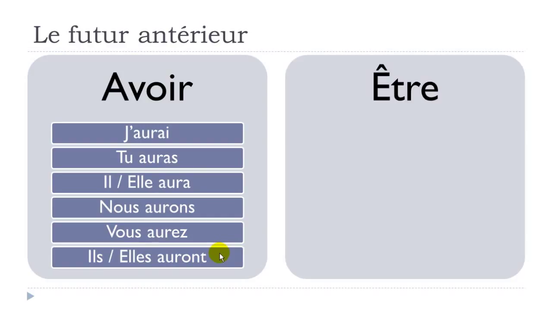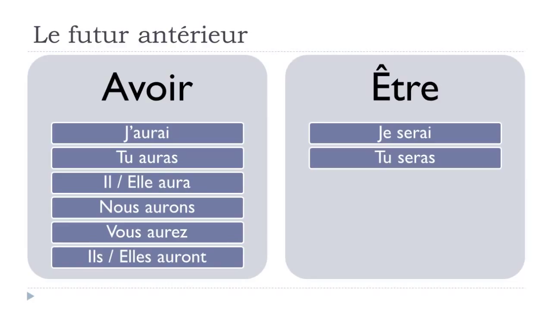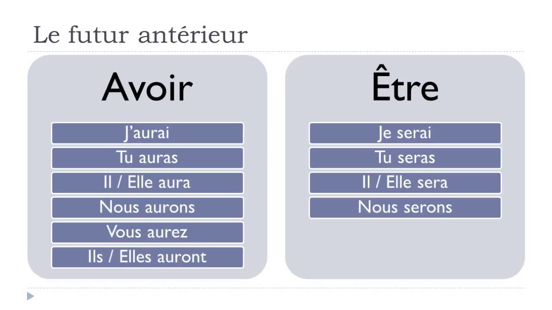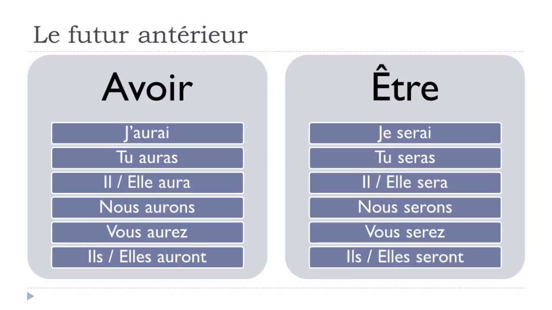Then now for être, je serai, tu seras, il sera, elle sera, nous serons, vous serez, ils seront, elles seront. Alright, so let's see it one more time. Keep in mind that when we've got it like that, you really pronounce it so serai, okay, A and I together, serai.